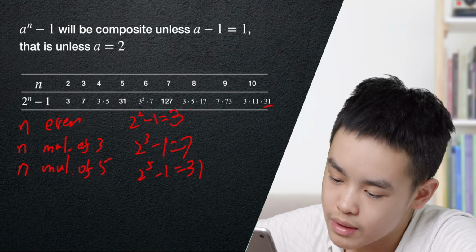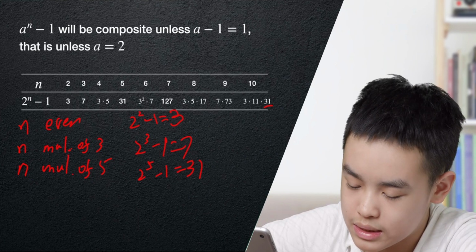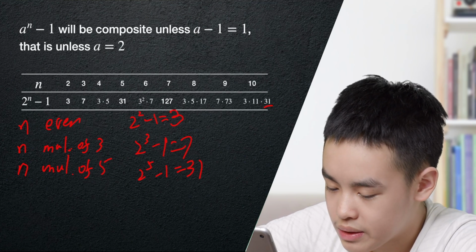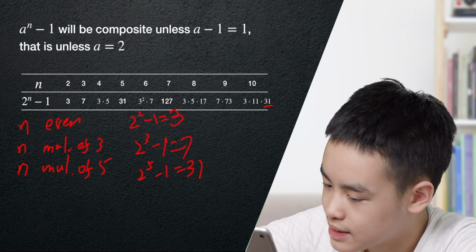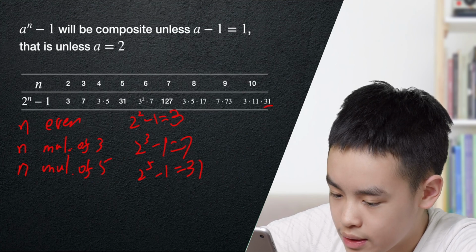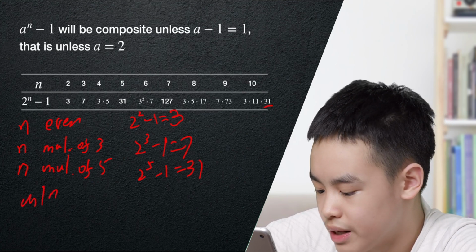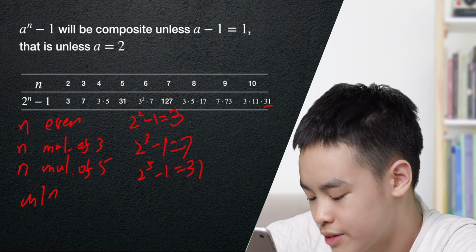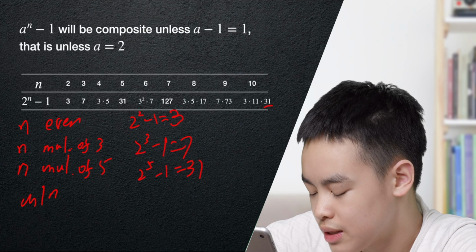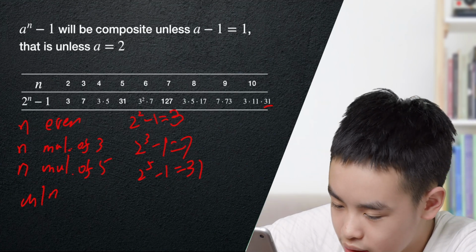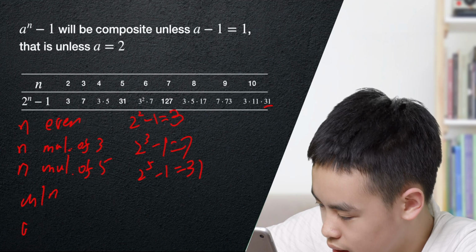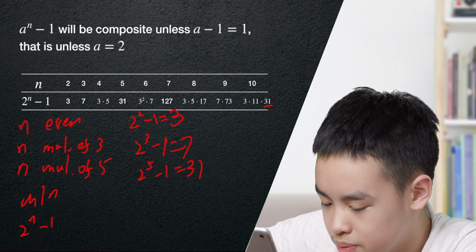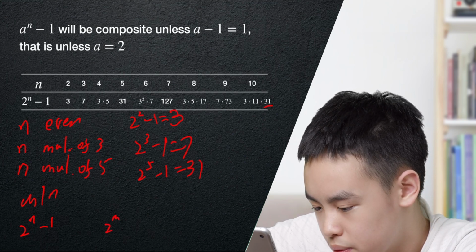So we can just make a very bold move, and we'll state that if n is divisible by m, then 2 to the nth power minus 1 will be divisible by 2 to the mth power minus 1.